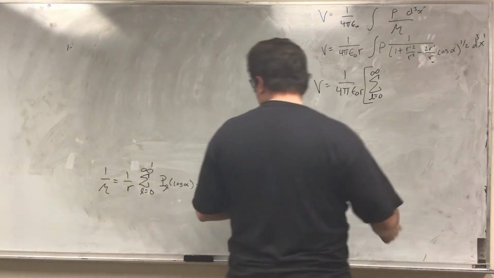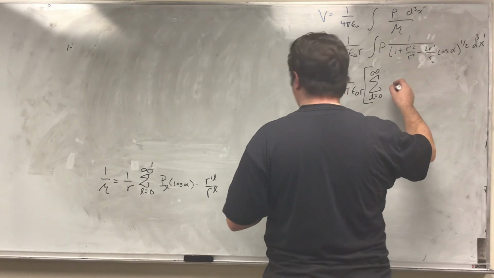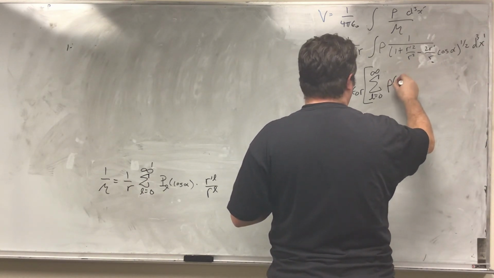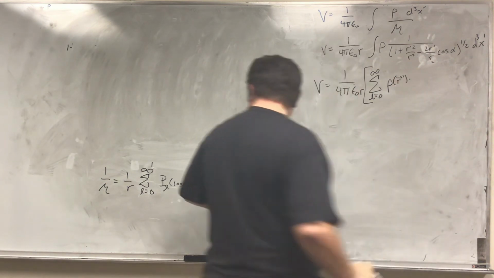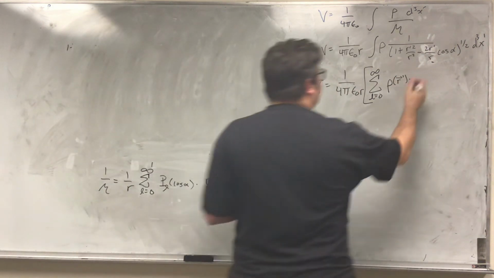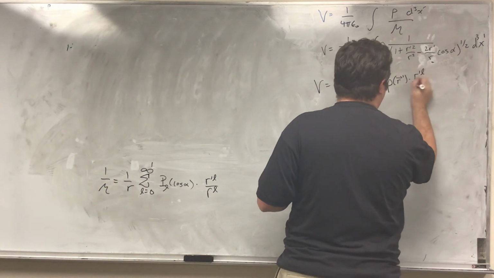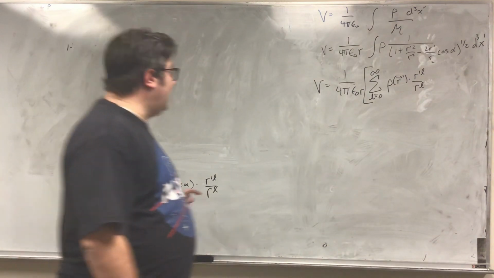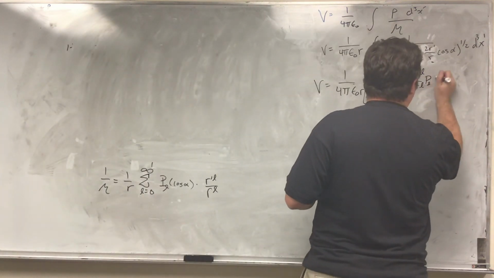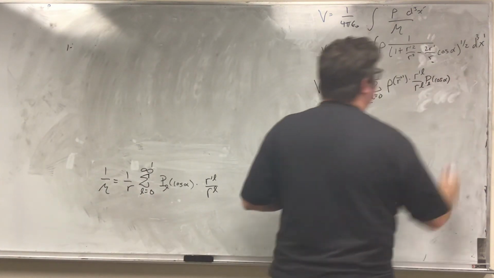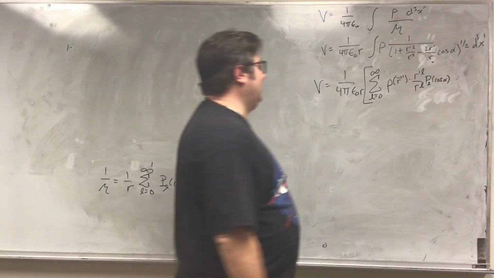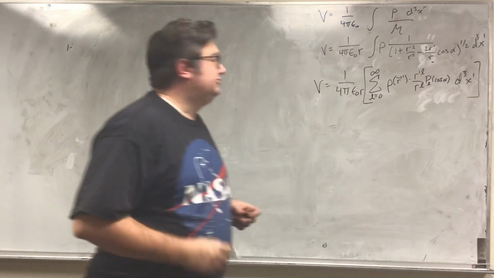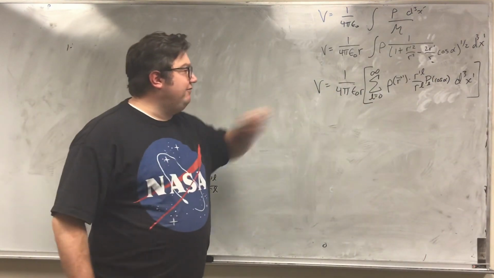And now what I have is my rho, which is my charge distribution, times r prime to the L power over r to the L, times the Legendre polynomials in terms of this weird alpha, cosine of alpha term, and the integral d3x prime. So now I've taken my potential and I've expanded it.